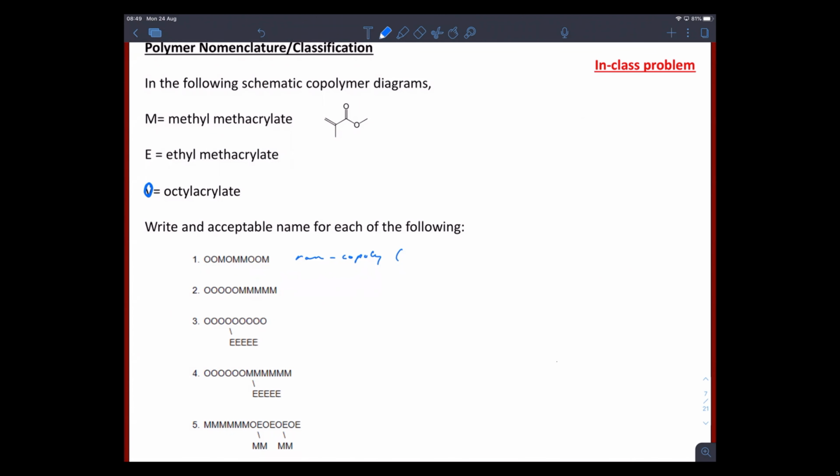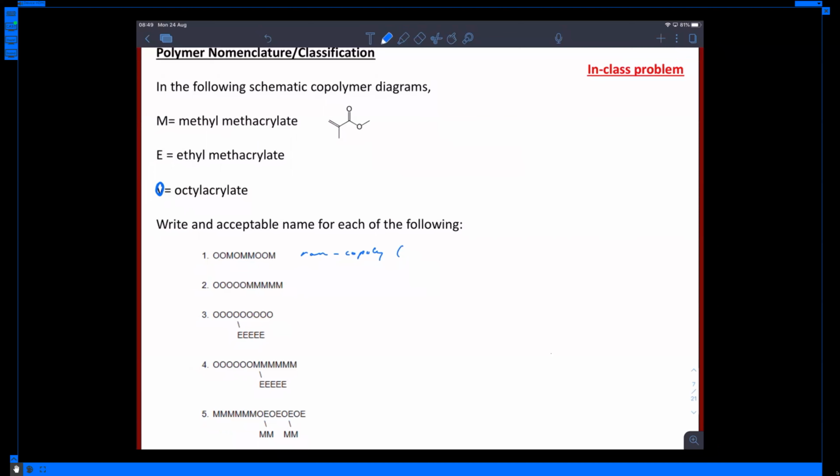Say that again, sorry. Yes, so that is, yeah, I think that's it. So it's block copoly O, and then graft copoly MA. ME, right? ME.